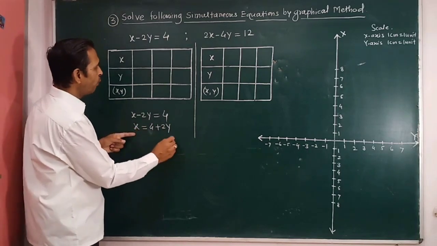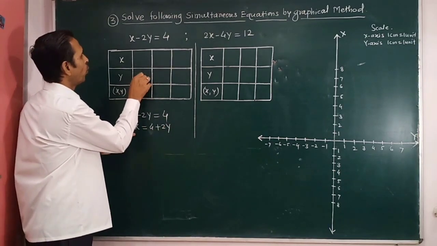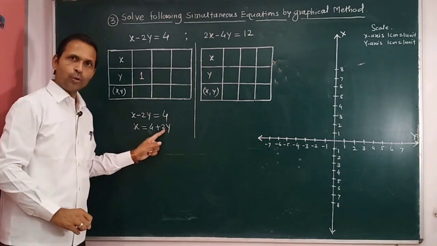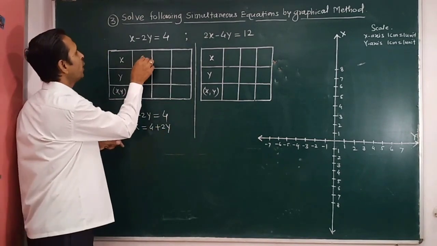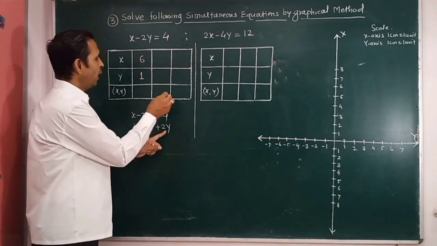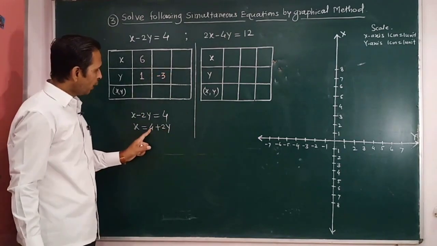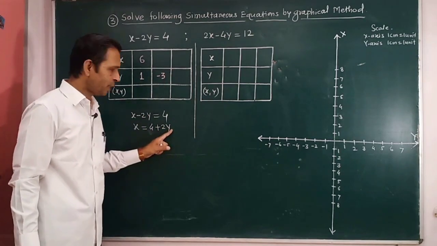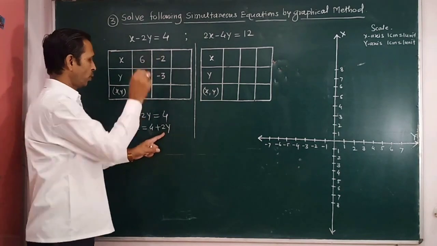Suppose we take the value of y as 1. Then 2 into 1, that is 2, means 4 plus 2 is equal to 6, so the value of x is 6. Suppose we take the value of y as minus 3, then 4 plus 2 into minus 3, that is minus 6, and 4 minus 6 is minus 2.